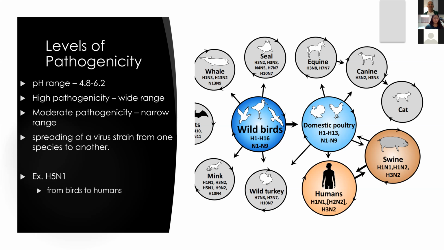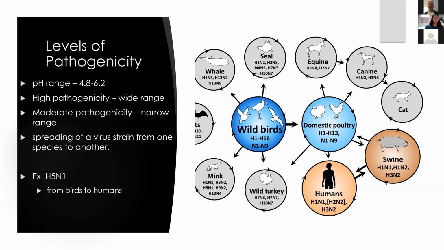That makes them avirulent, which means they can only stay in one type of species. An example of this is the H5N1 strain. This spread from birds to humans, so it's very highly pathogenic.